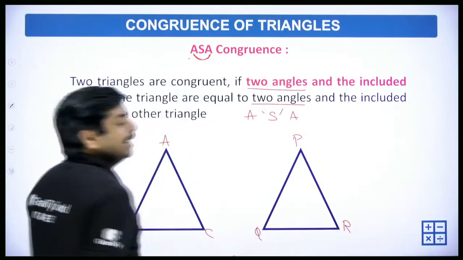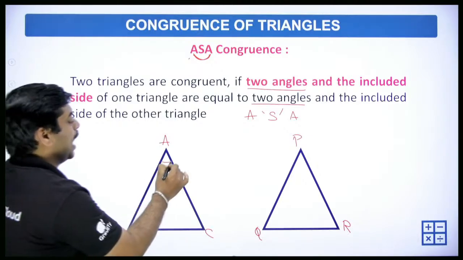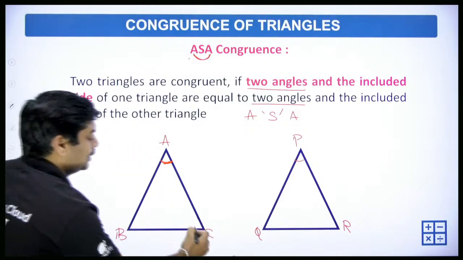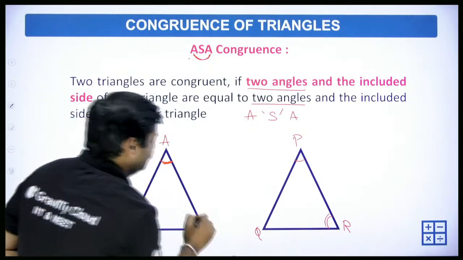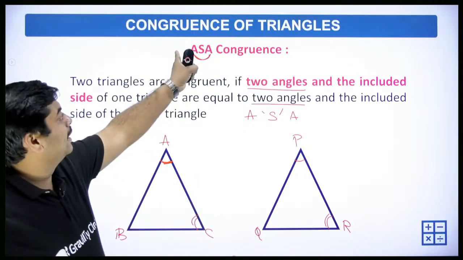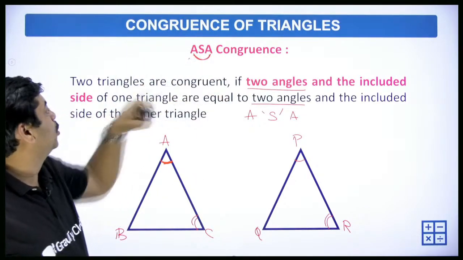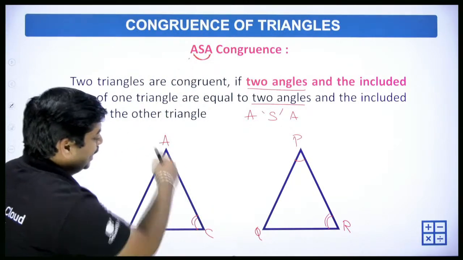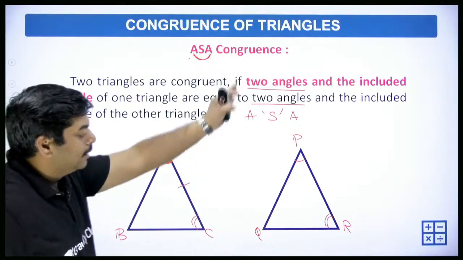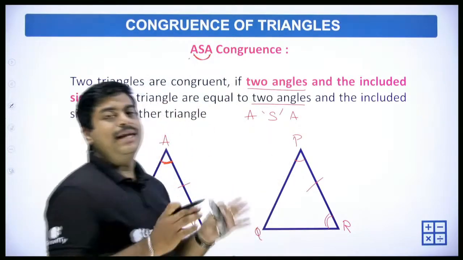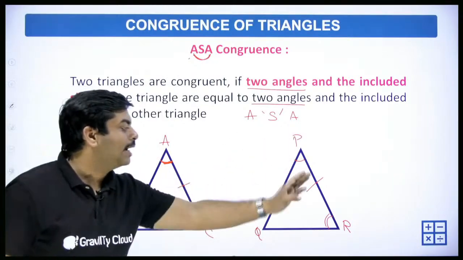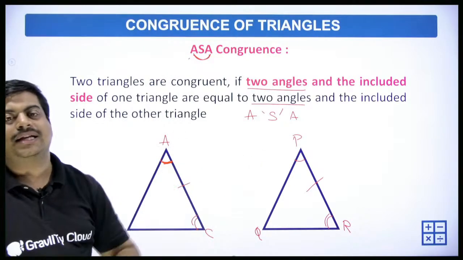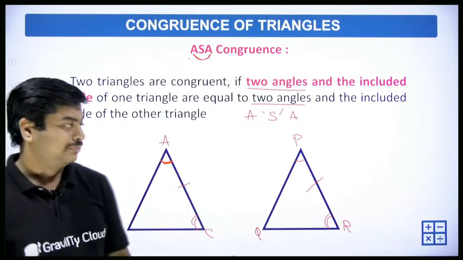We are talking about ASA. Let's say angle A and angle P are equal, and angle C and angle R are equal. The included side for these two angles is AC here and PQ there. If these two angles and that side, angle side angle, are the same in both triangles, then the triangles are congruent, right?